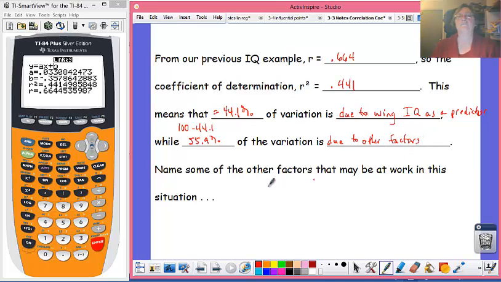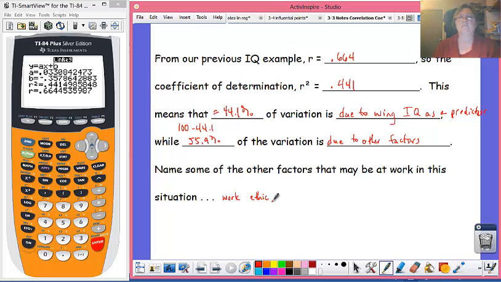Some of the other things that might be at work here, well, think about it. What goes into establishing a GPA? It's not always how smart you are. It's how hard you work, right? So it could be work ethic. Although work ethic doesn't really affect IQ, it certainly affects GPA.